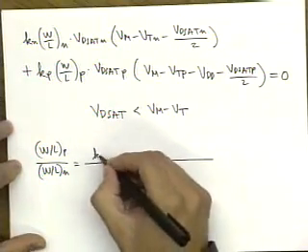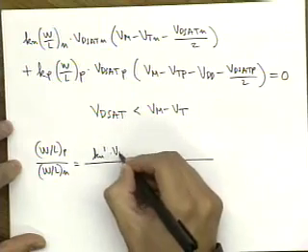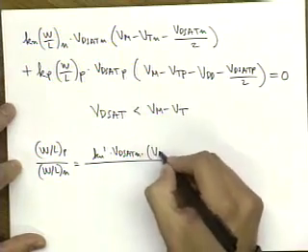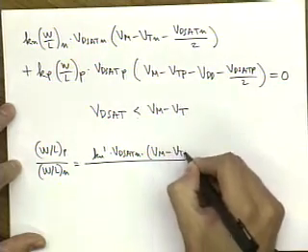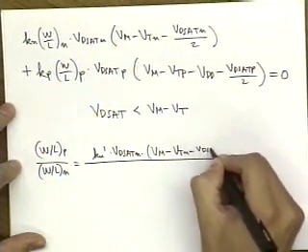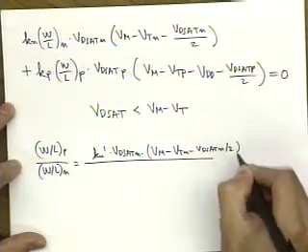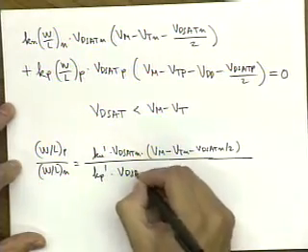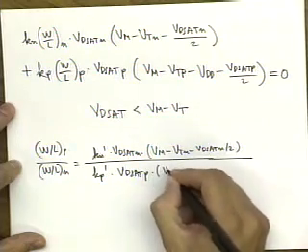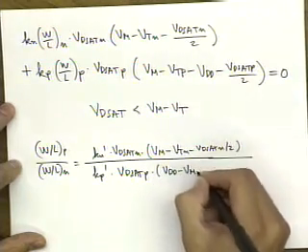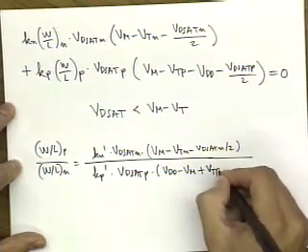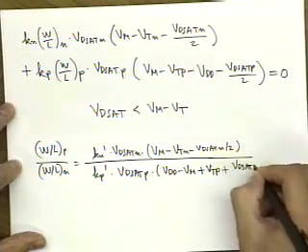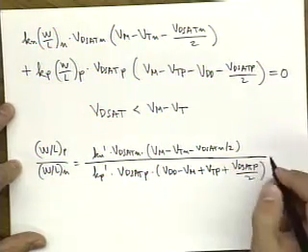So you have Kn prime times Vd sat n times Vm minus Vtn minus Vd sat n over 2, and then you have Kp prime times Vd sat p times Vdd minus Vm plus Vtp plus Vd sat p over 2.